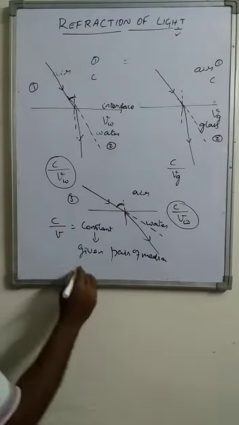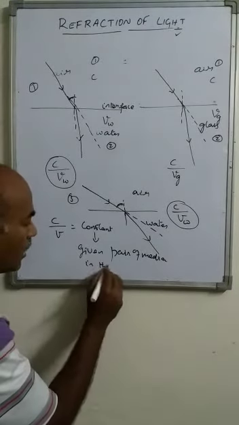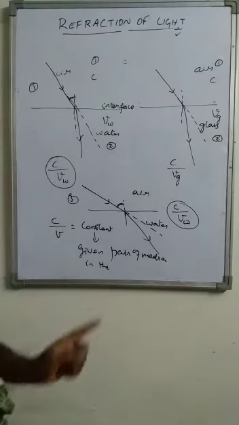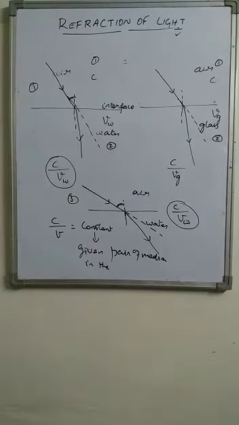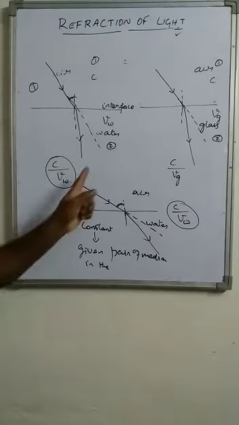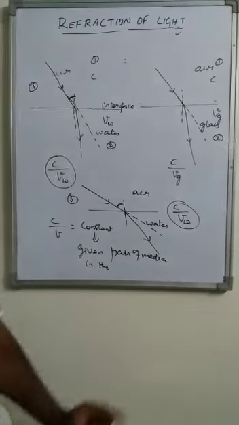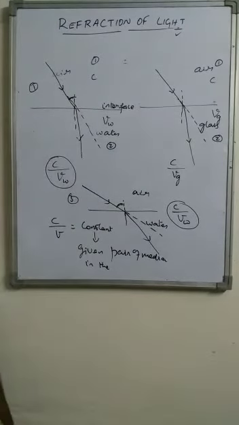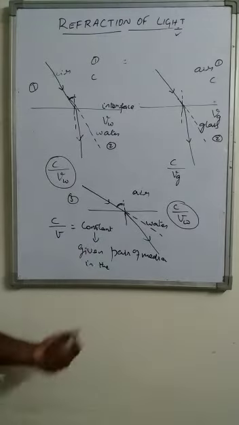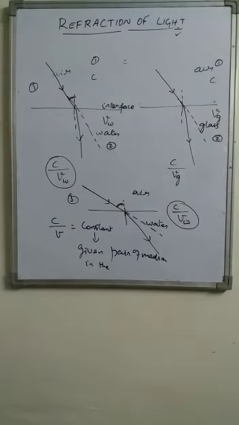In the given direction, because the direction should not be reversed. In one case it is entering from air to water, in another case it is entering from water to air. Again the media same, angle same, but the direction reversed.